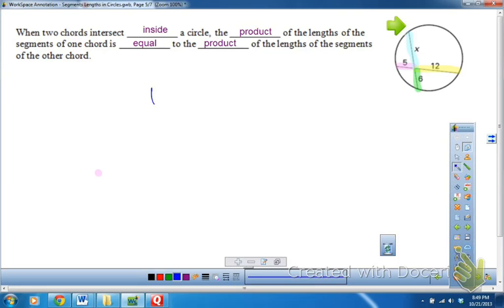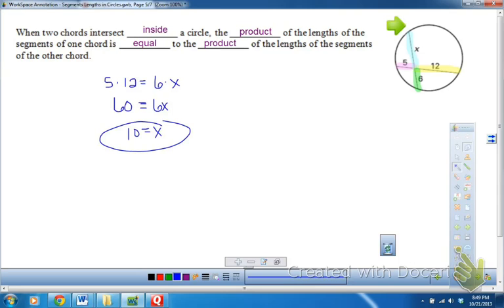Now, if I go and represent that as the statement says up there, you have 5 times 12 equals 6 times x. 5 times 12 gives you 60 equals 6x. Divide by 6 and you get x would be 10.